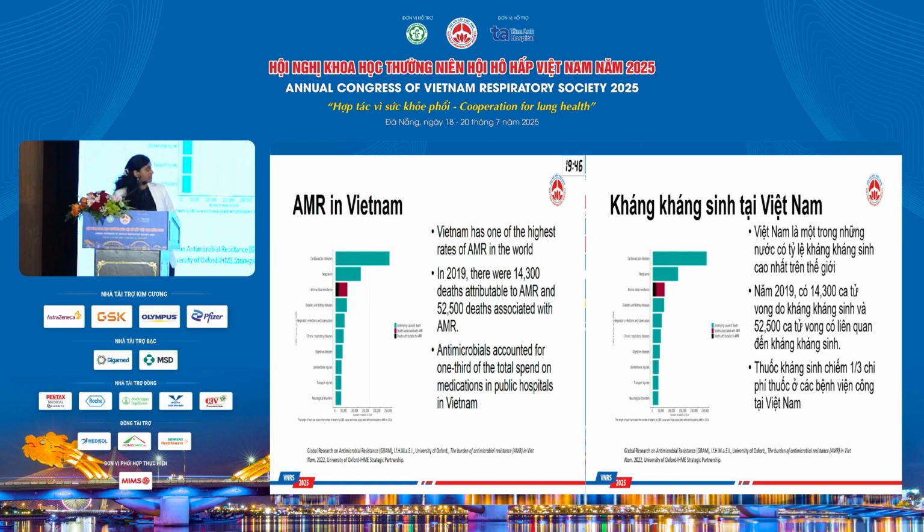And if you look at this chart, it's only the third cause of morbidity and mortality after cardiovascular diseases and malignancy. So that's actually showing us that it's such a big problem that's causing a lot of morbidity and mortality in our patients.